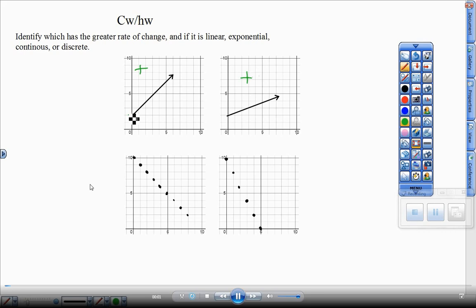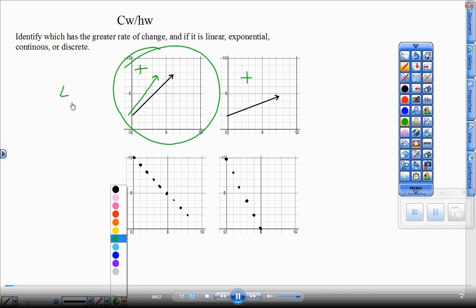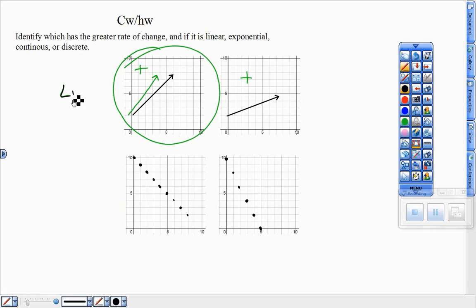For these, I want you to realize these are positive slopes going left to right, going up. This one is definitely a steeper line than that. I could use my eyeball just to see that it is steeper. So that one is the greater rate of change, but make sure you're writing all the terms I'd like you to. That is linear.